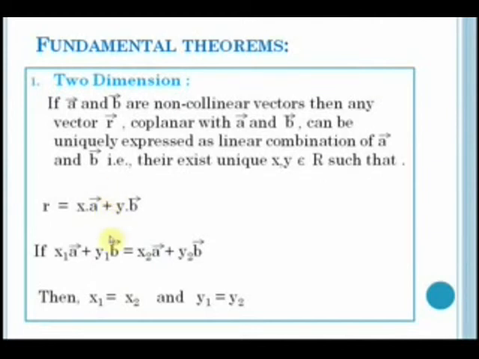Also R is coplanar with A and B. So if any vector R lies in the plane of A and B, then it can be expressed as a linear combination of these two vectors A and B.